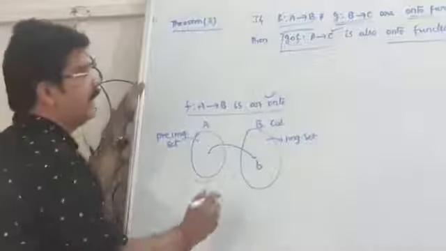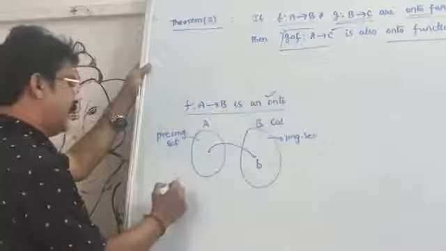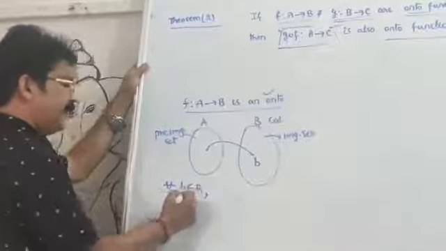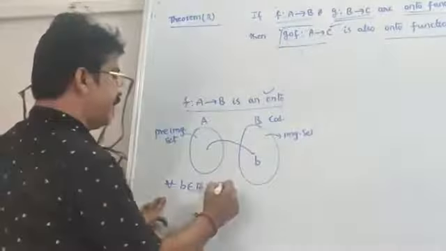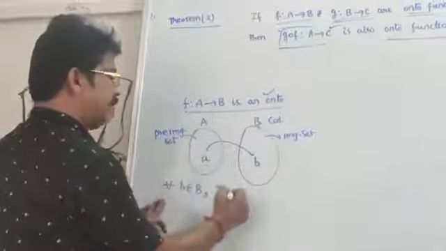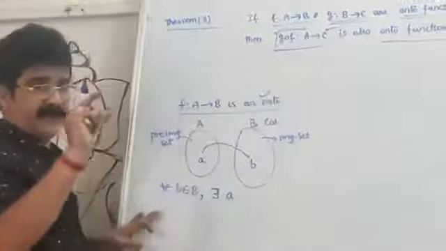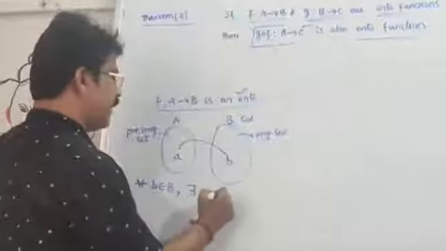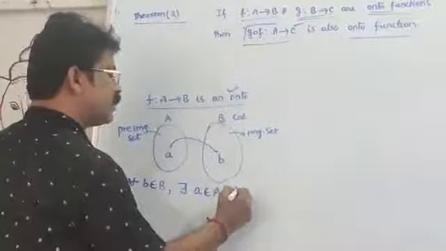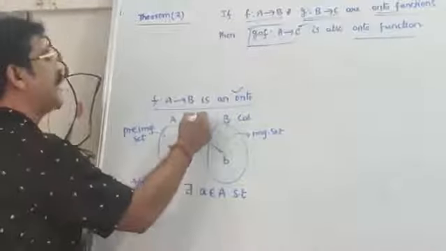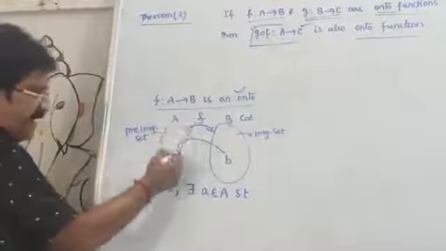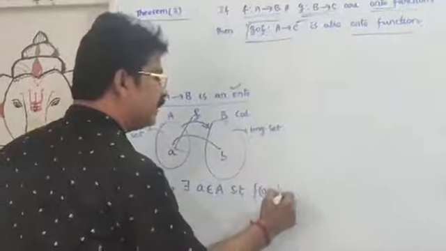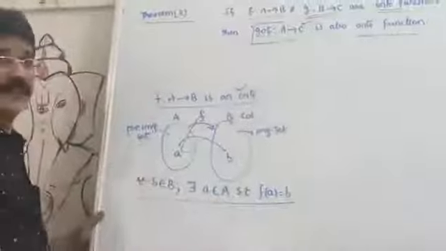So mathematically we should write: for all b belongs to capital B, one image is there, then definitely there exists, at least, it is to be understood, there exists small a belongs to capital A, so that f of a equals b. This is the definition.